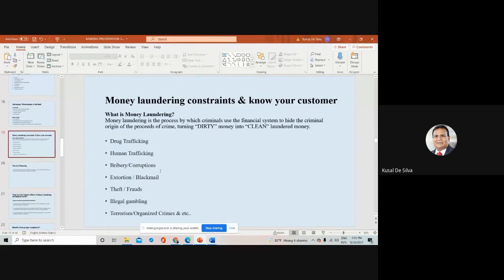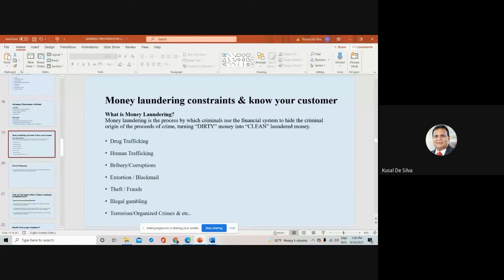So people are engaging in all these activities and making money, and this money has not been declared as their own money, and it has not come to their hands through a formal way, by doing a formal business. So otherwise they can't make use of this money for legitimate purposes.